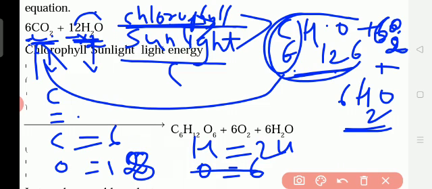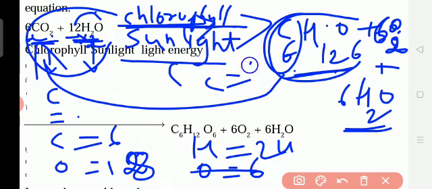So however many reactants there are, that much product we get. In the product, how many carbons? 6, and here also 6. Hydrogen: here 12, but on the reactant side 24. So one more 12, where is it? Here, in the water: 6 into 2, 12.